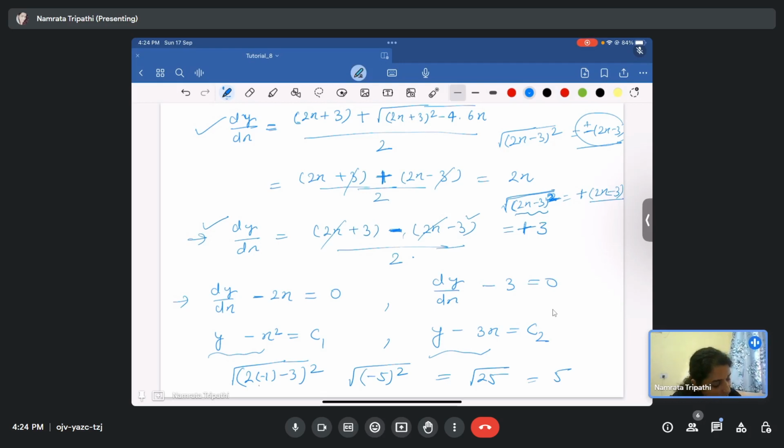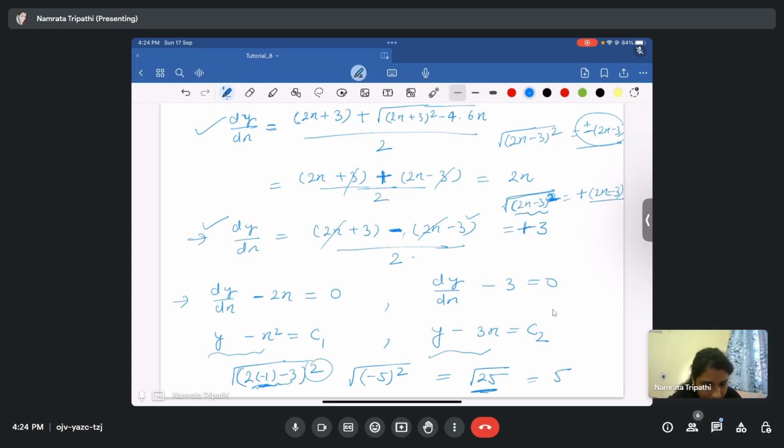I'm just taking x as minus 1. Under root 2x minus 3 whole square equals 2x minus 3. If we put x equals minus 1 in your expression, you will take any value of x and you will get a positive value always.